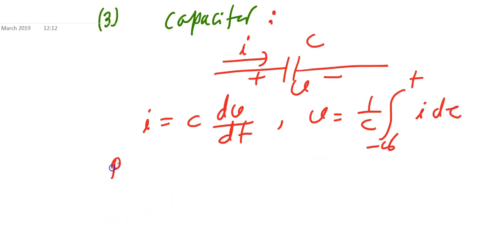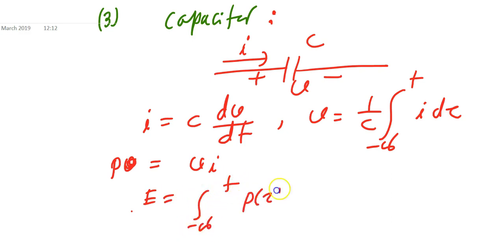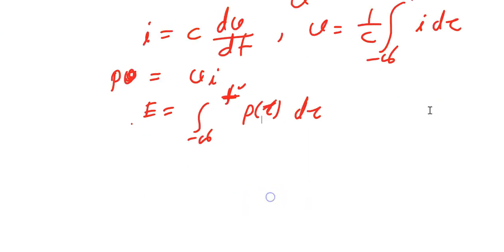And instantaneous power P is equal to VI. Energy is equal to the integral from minus infinity to t of P(tau) d tau. When we integrate up to t, you just change the variable here. Obviously power is a function of time, and when you integrate you have to change the variable. Then we'll calculate the energy.